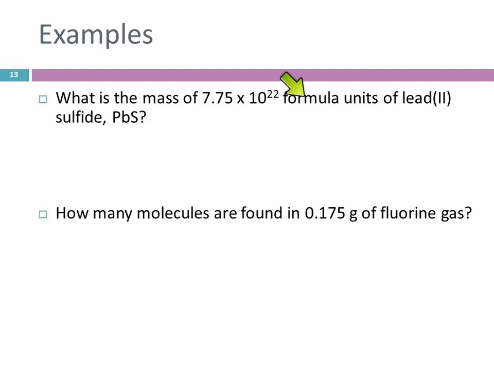But we can treat this just like molecule. It's how many of these formula units. So this many formula units, each of them is going to have one lead and one sulfur ion in it. And this is saying how much would that weigh?